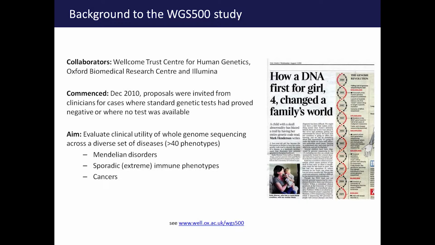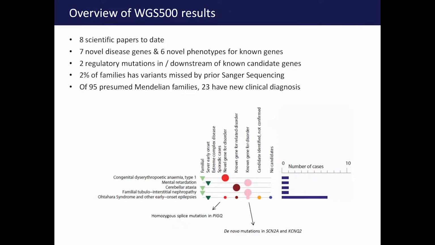With this patient cohort, we wanted to look at the utility of whole genome sequencing. So we had a mix of Mendelian or presumed Mendelian single gene disorders. We also had some patients with immune phenotypes, which we thought would probably be more complex, and then we also had some cancer samples. There's been a bit of coverage in the media on this project, but it's also been quite successful, and there have been 8 scientific papers already.